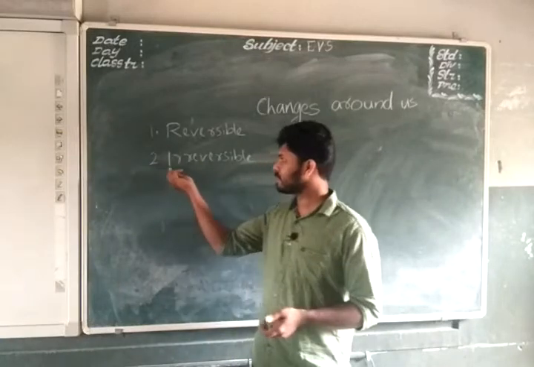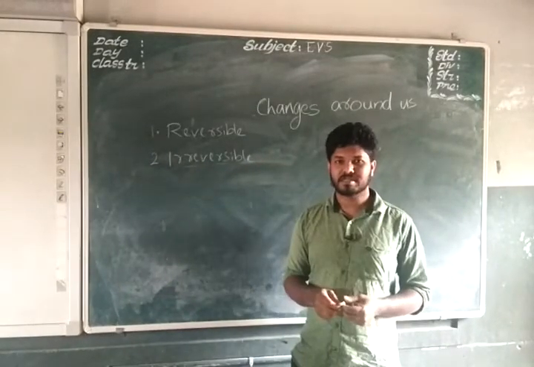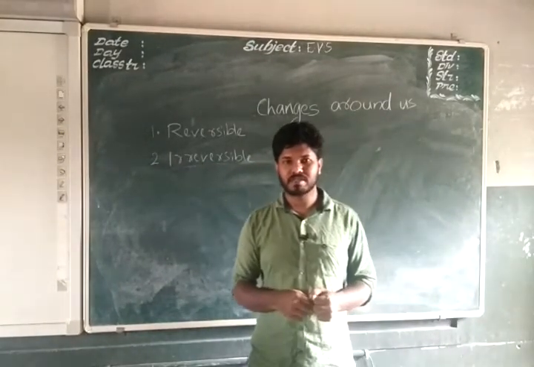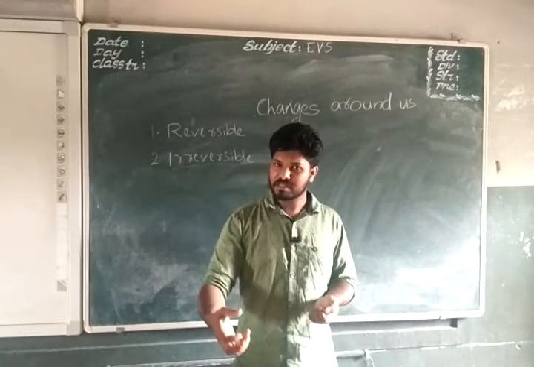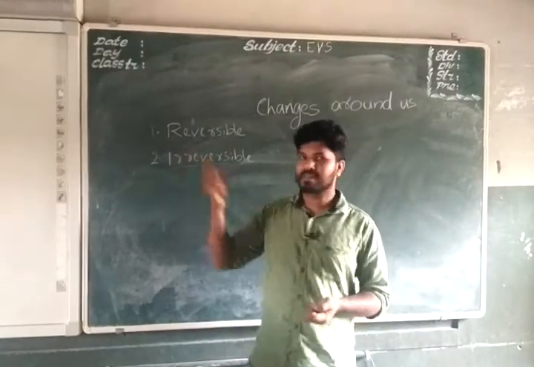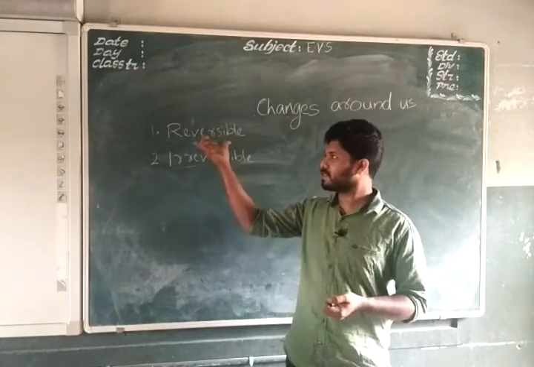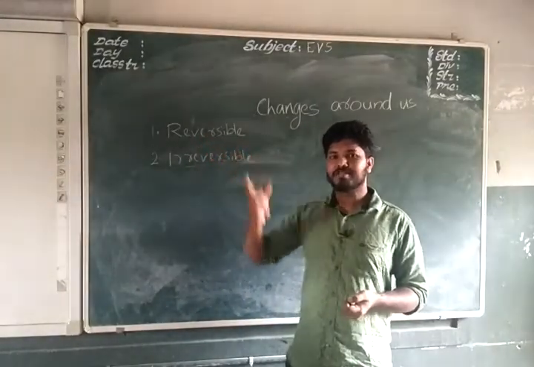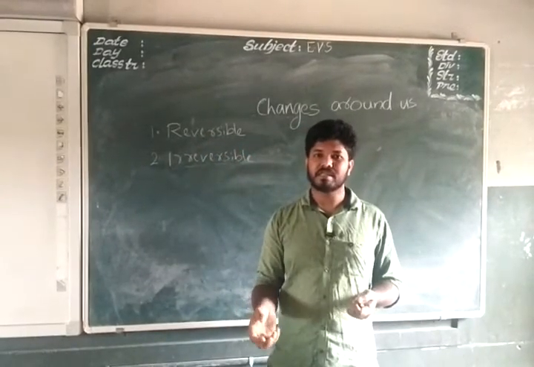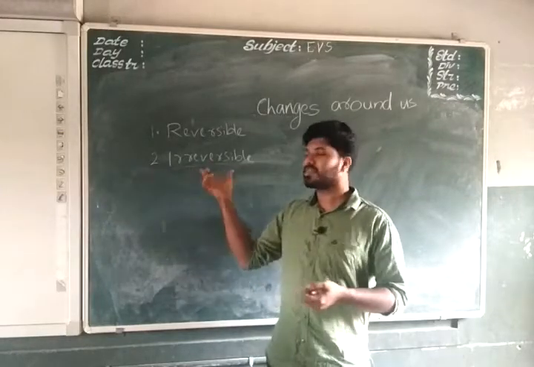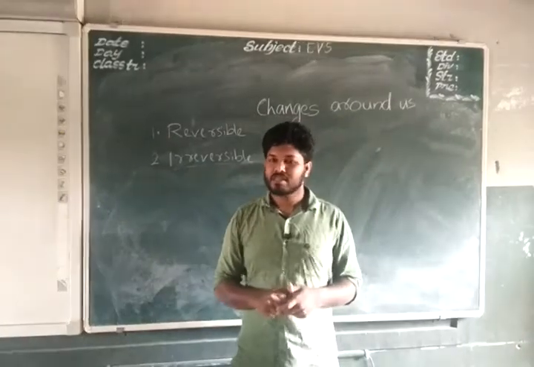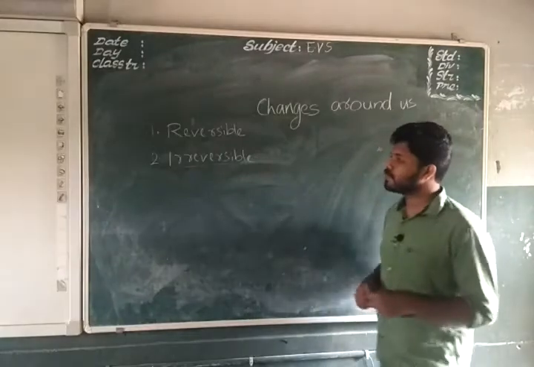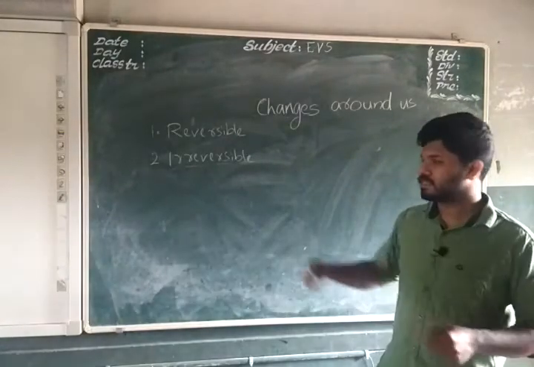So it is irreversible change. Do you understand the difference? If we get it back in the same shape, reversible changes, and we do not get it back in the initial condition, that is irreversible change. So that is all about reversible and irreversible changes.